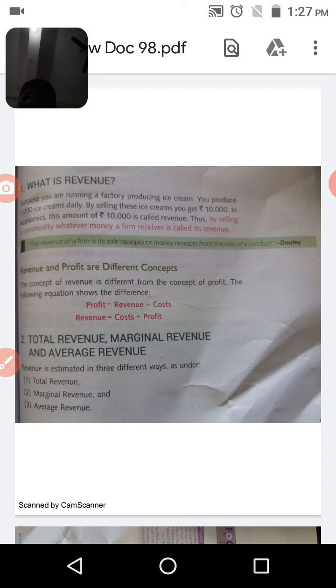Before starting this lecture, let me revise what we studied in previous lectures.